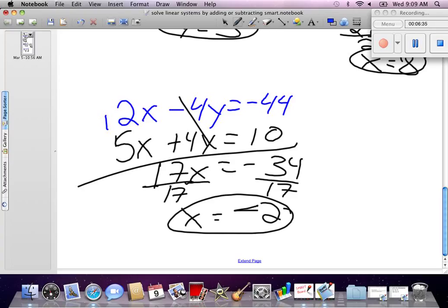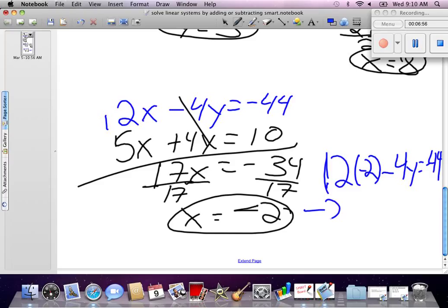Which one do you want to do, the top one or the bottom one? Top one, okay, so I get 12 times negative 2 minus 4y equals negative 44. And Safaria, what is 12 times negative 2? Negative 24. Negative 24 minus 4y equals negative 44.